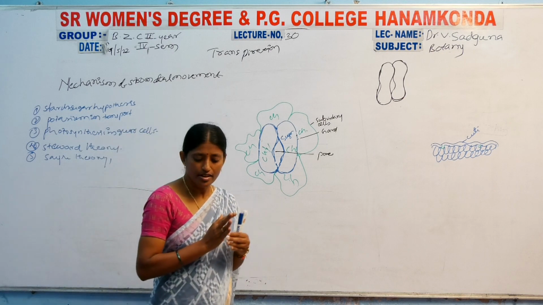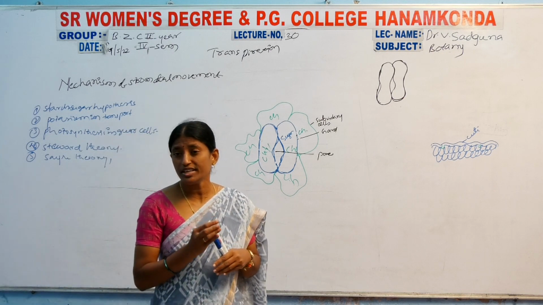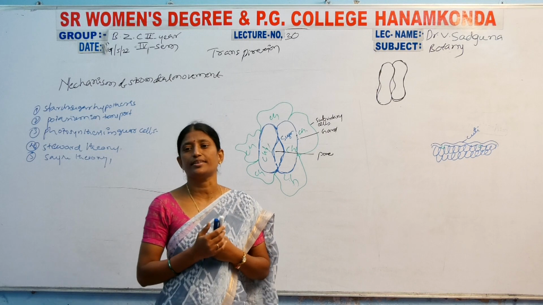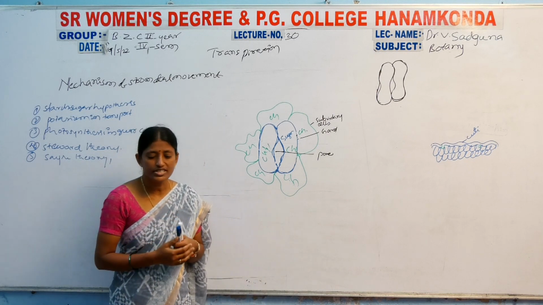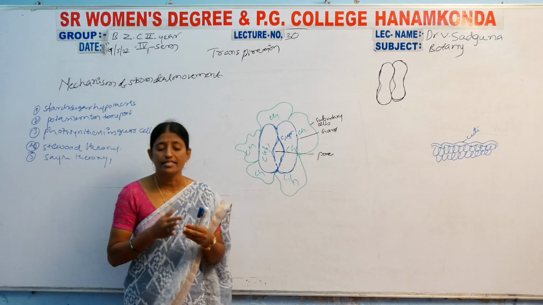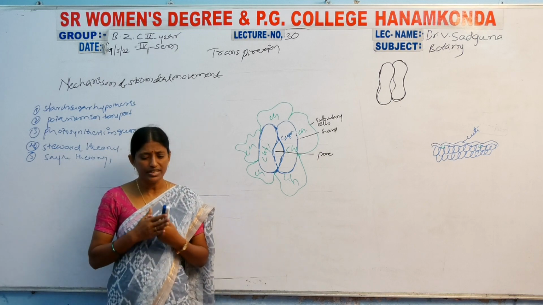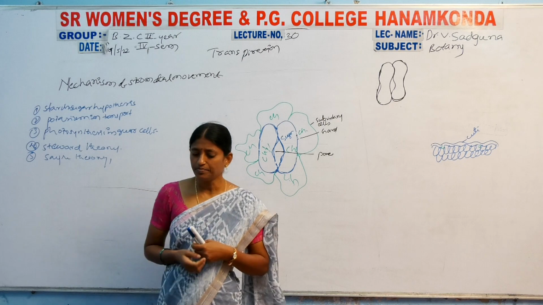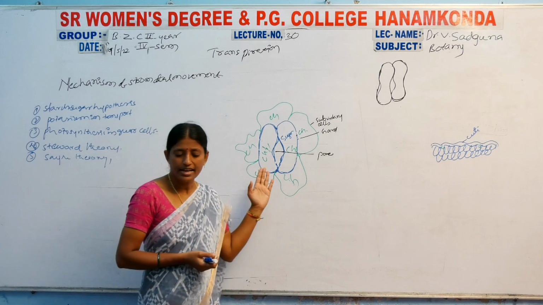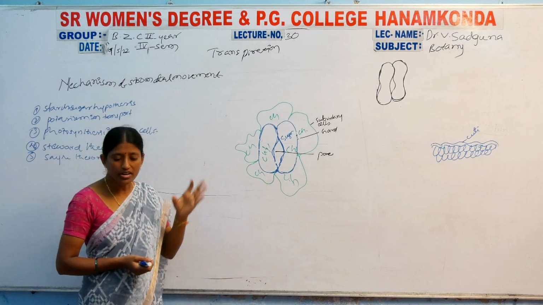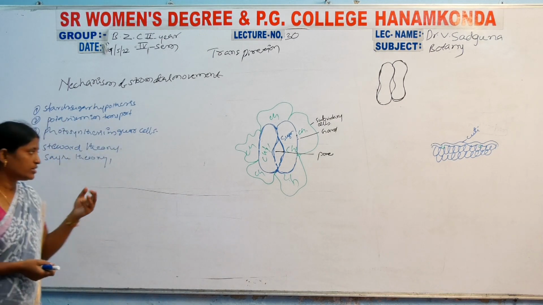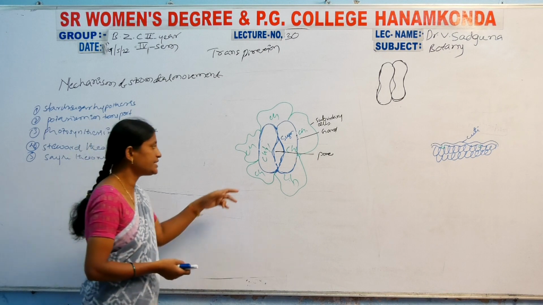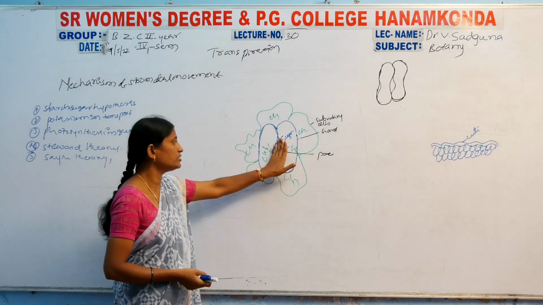This is because it has completely negative potential energy. The starch has negative potential energy. Then the water is transferred and enters the subsidiary cells and guard cells, and the stomata becomes closed.